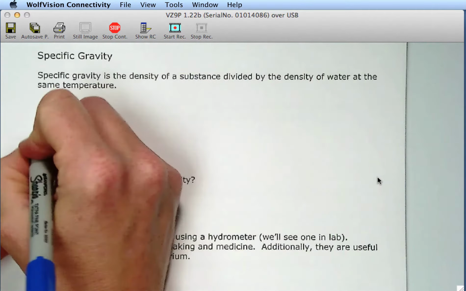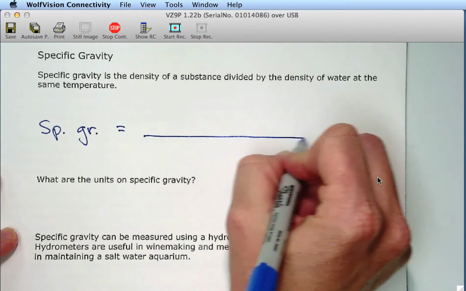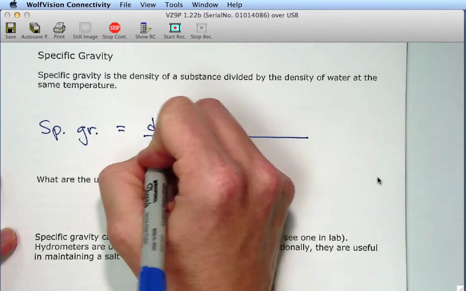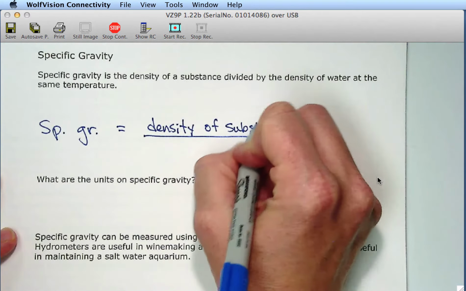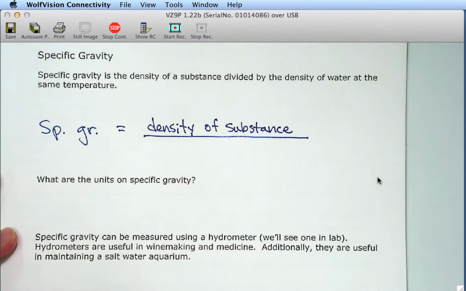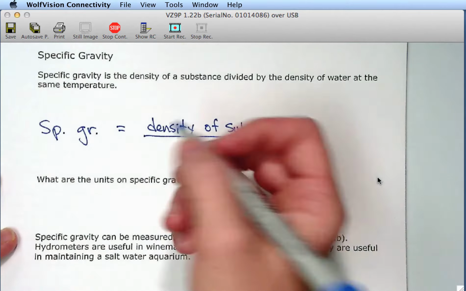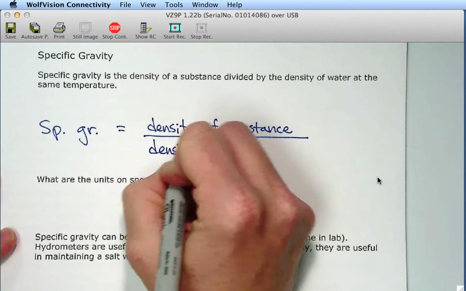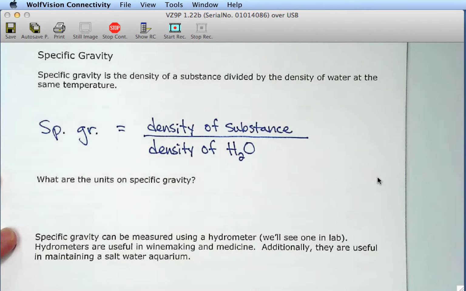So I'm going to write specific gravity is equal to the density of a substance over the density of water, density of H2O.